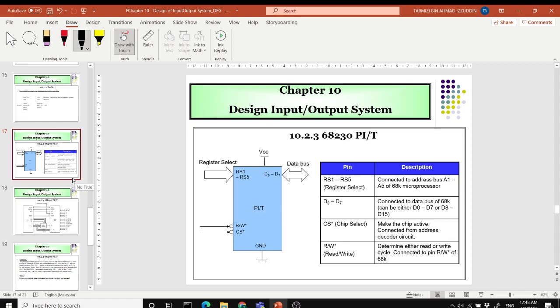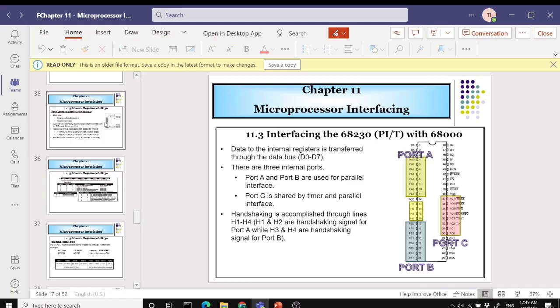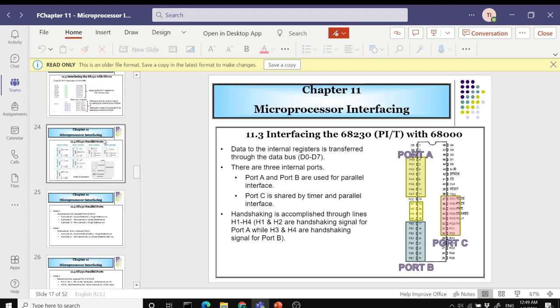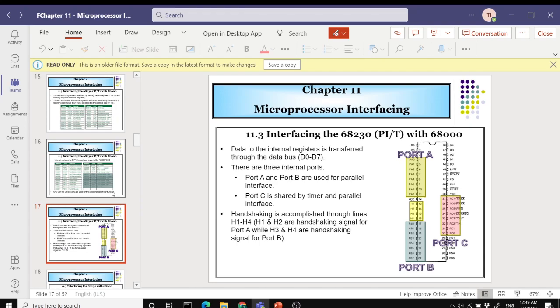Again you have your register select pin. This is fairly new, it only appears today. In your 68230 parallel interface timer, you have what we call a register select. If you remember back just now, the 68230 has a few registers that you can select.